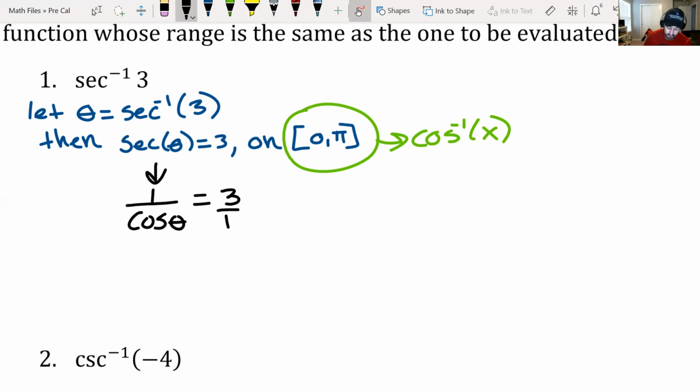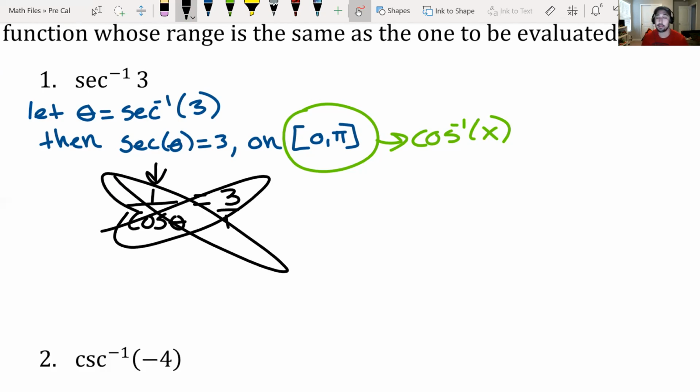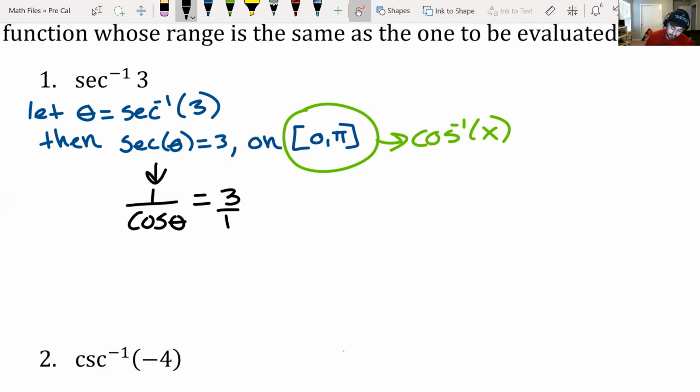I can put that 3 over 1, and we can go back to elementary school and cross multiply, right? We cross multiply with the evil butterfly with the claw of cross multiplication. Okay, all right, so we can cross multiply. And this becomes 3 cosine theta equal to 1. Then divide by 3. Cosine theta equals 1/3. We're almost there.